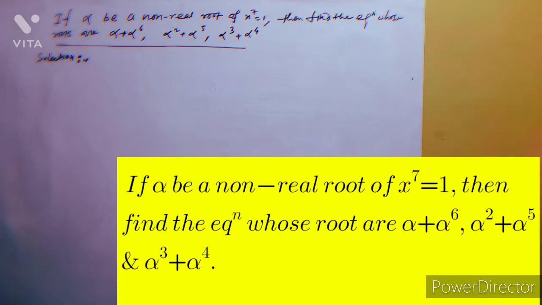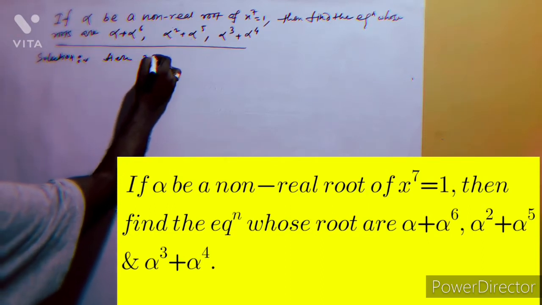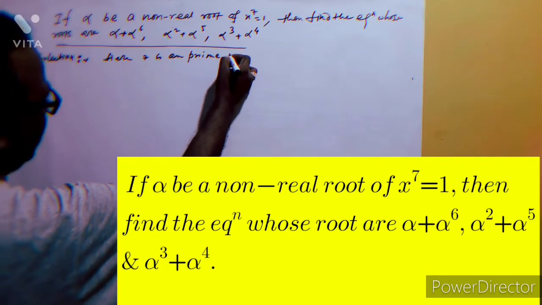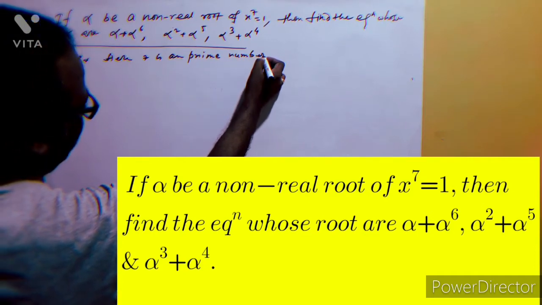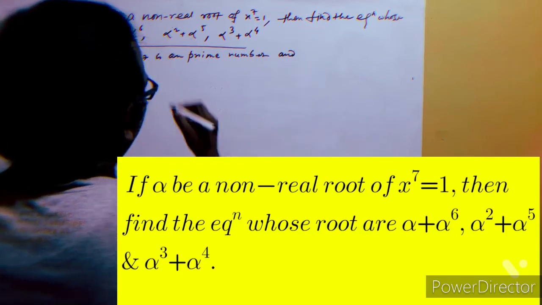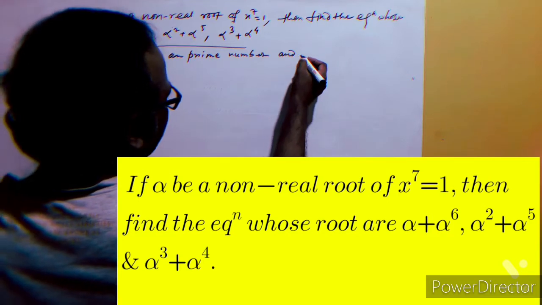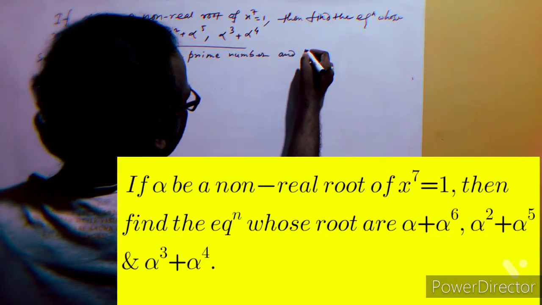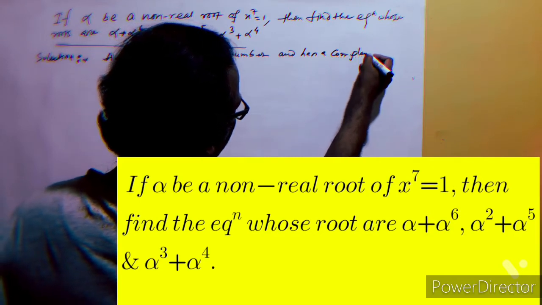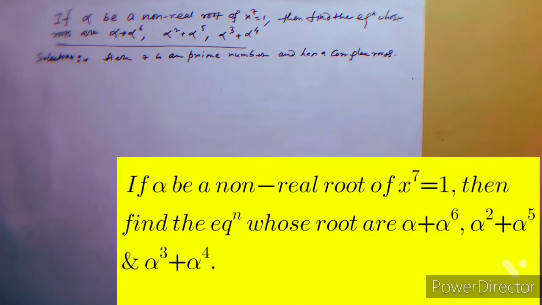Solution. Here 7 is a prime number, and by the condition it has complex roots.